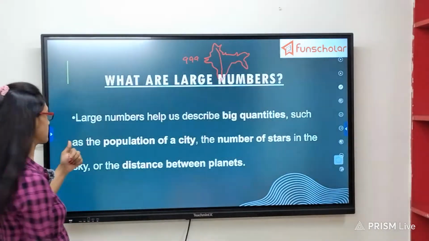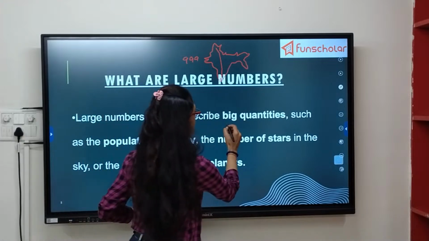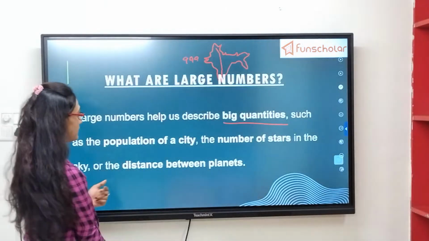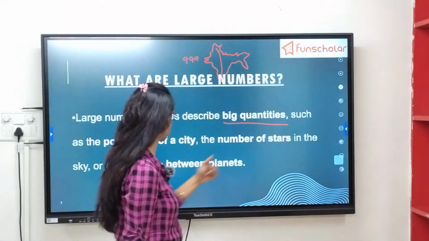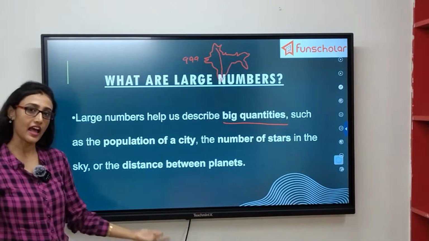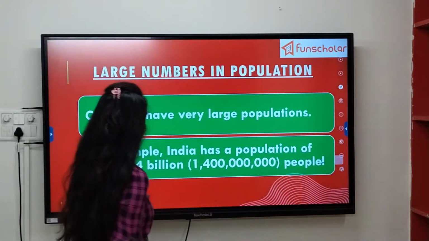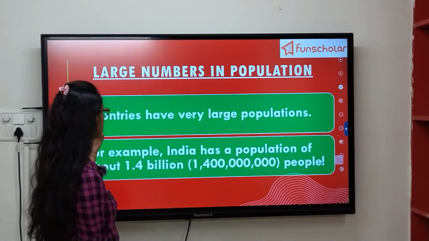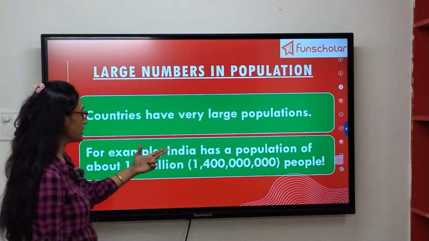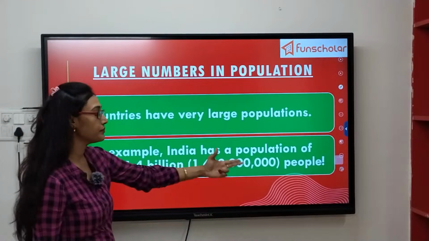Now let us read once. Large numbers help us describe big quantities such as the population of a city, the number of stars in the sky or the distance between the planets, as I said. Now see, large number in population. Countries have very large populations. For example, India has a population of about 1 billion people.